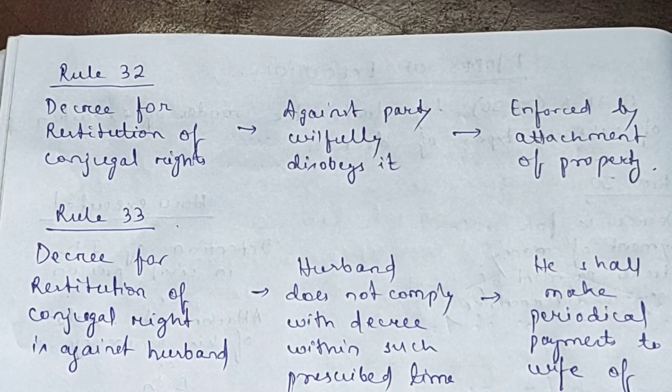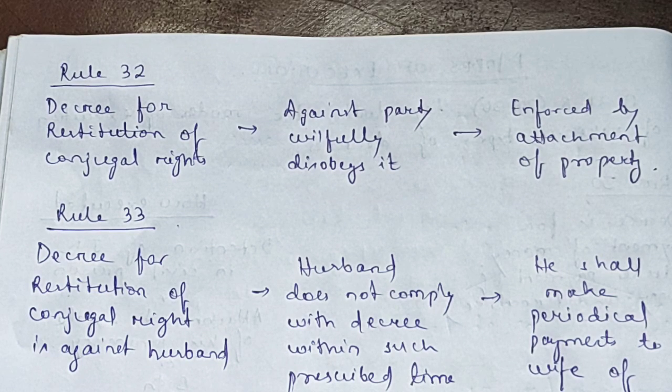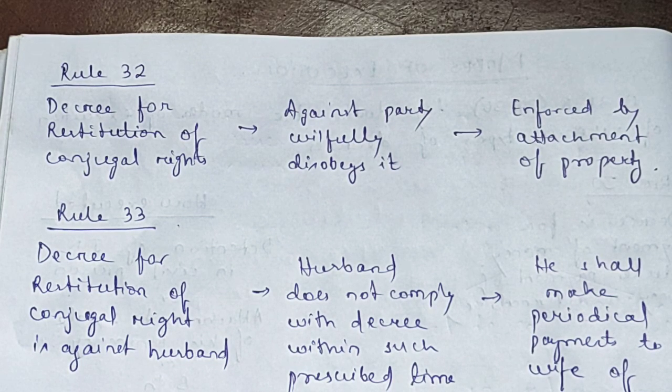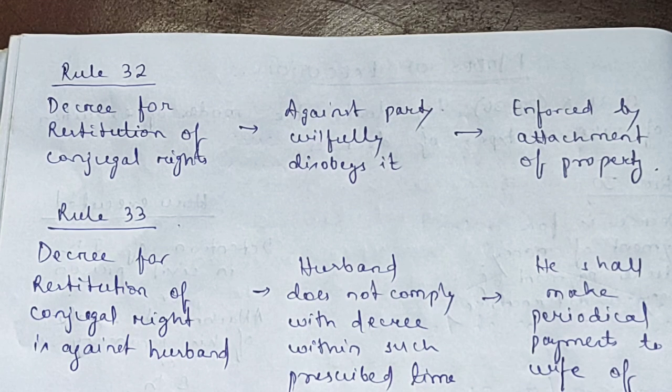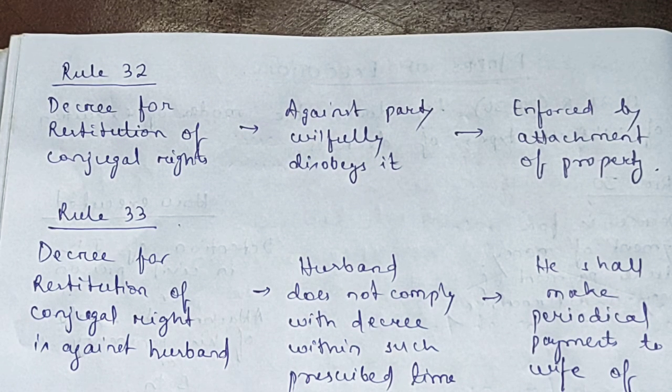Then Rule 32. If the decree is for restitution of conjugal rights, and the party against whom the decree has been made has willfully disobeyed it, then the decree may be enforced by attachment of the property.